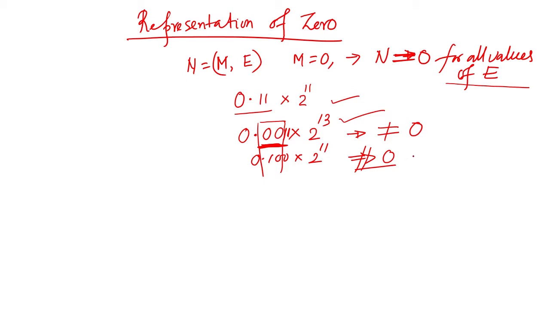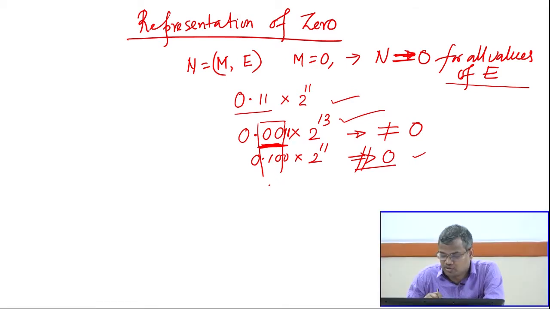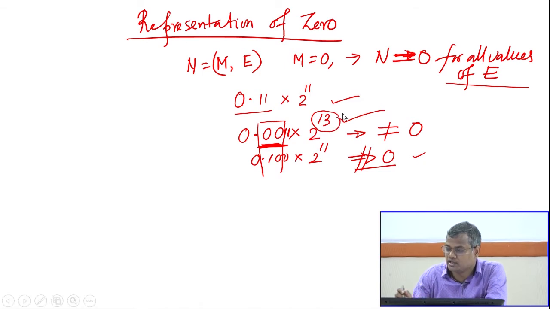So this is not 0, and you can represent the number as what it actually is. Therefore we should look into the exponent value. Here we said the exponent can have any value whenever the mantissa is 0. That is not the right thing; when the number is really close to 0, the exponent has a role.